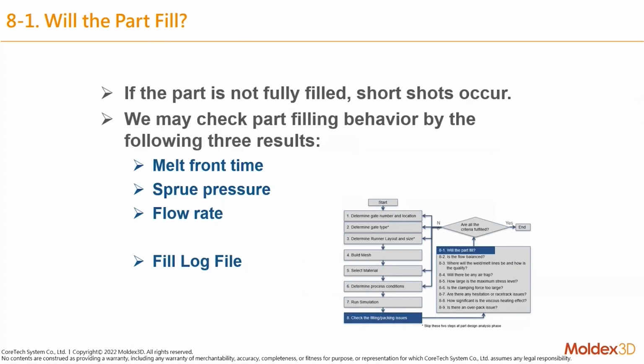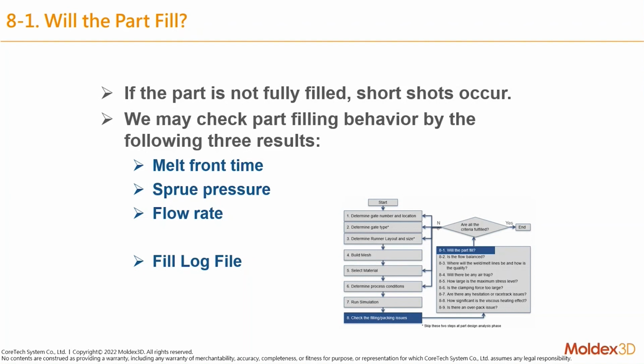So in order to understand the answer to this question, there are three different results that we can look at in Moldex3D. If the part does not fill, we are going to have a short, and in order to understand whether we have a short or not, we can look at 3 different results.